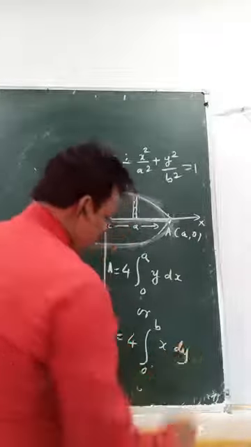Okay. The other parabola is the upward parabola. What is the upward parabola here? That is x square equals to 4ay. Means it is like this.